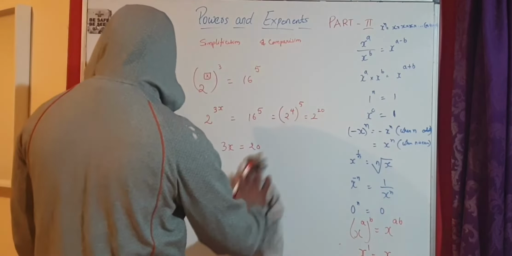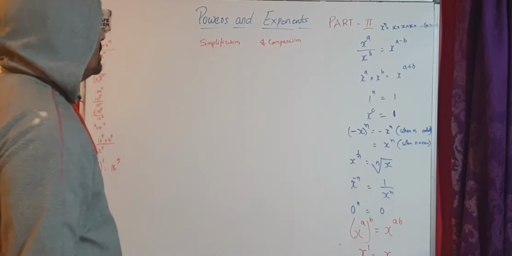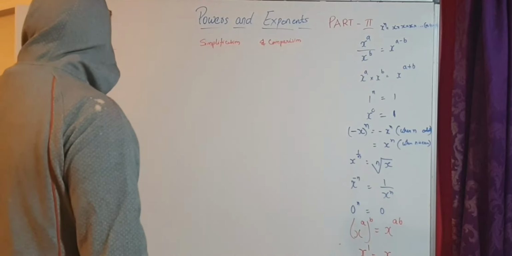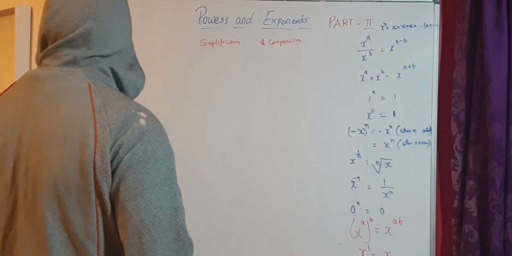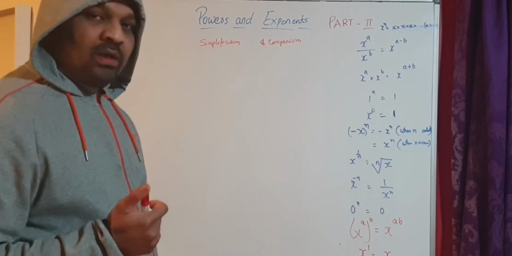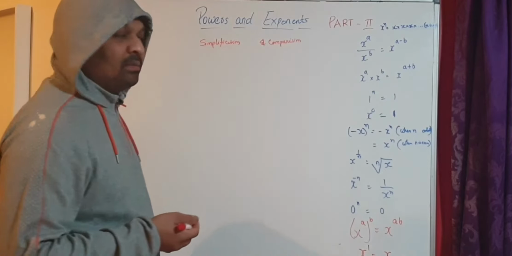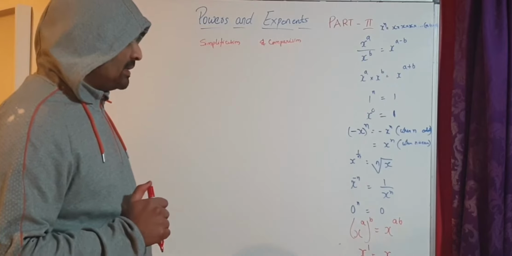I have shown you a few examples of how to simplify the expressions that are given in indices form. That's pretty much it. You practice more and more from your textbook, and you get some fair understanding. The more practice you get, the easier it will be for you to face the exam.